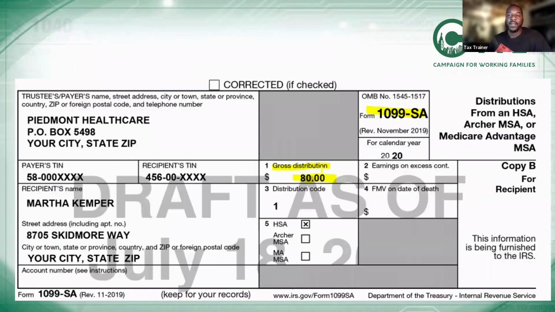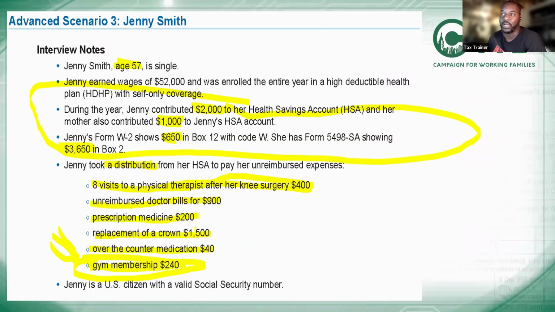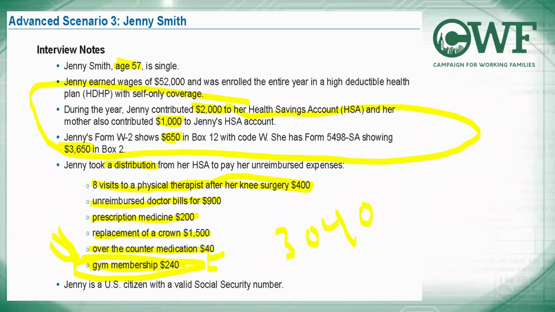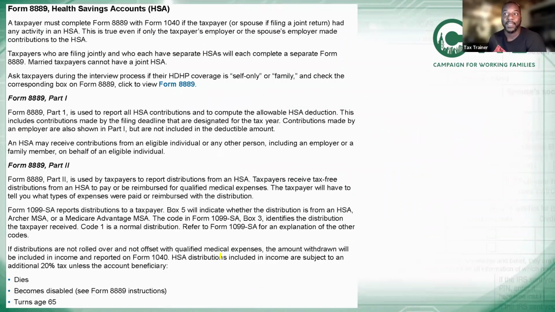This would tell me, and they're sitting down with me, and I'm going over their breakdown, and I'm saying, you know what? You actually only have 3,040, but your distribution says 3,280 because they included something they shouldn't. So you know what? That's a problem. You're going to get taxed on that.